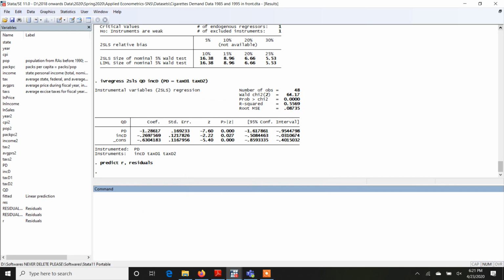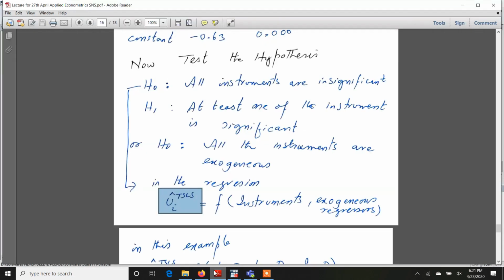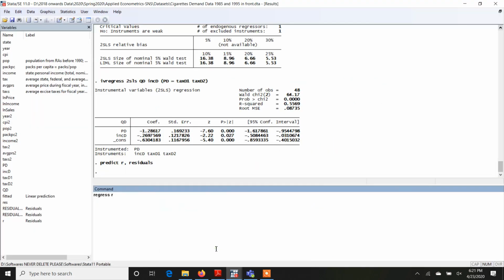So now I will regress R on all the instruments and all the exogenous regressors. I will regress R on tax D1, tax D2, and income D. That was the exogenous regressor.